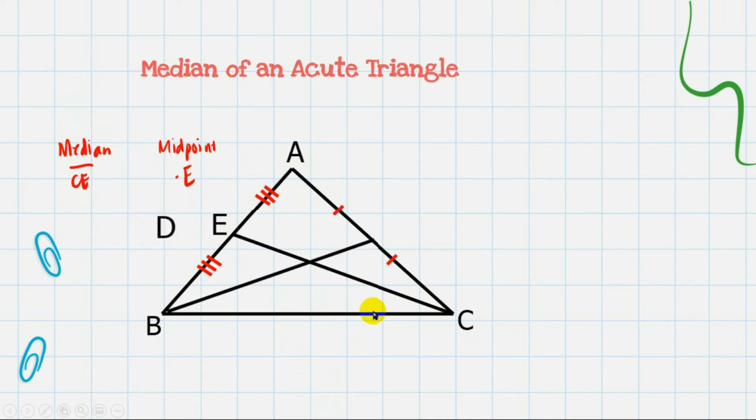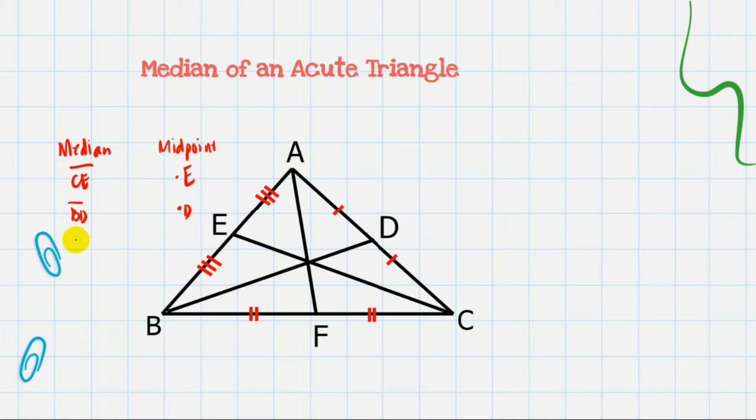Another one. So, we have this line segment BD, considered to be the second median that have been drawn. And then, the midpoint po ay ang point D. At dahil may midpoint tayo, si line segment AD ay congruent kay line segment CD. And then, the last median here is this one.